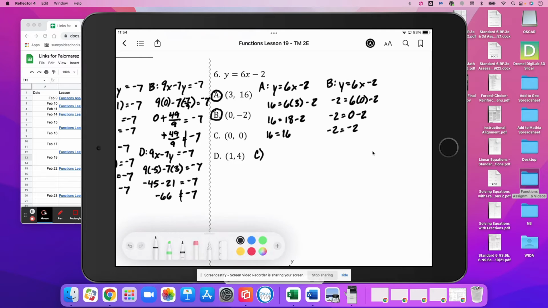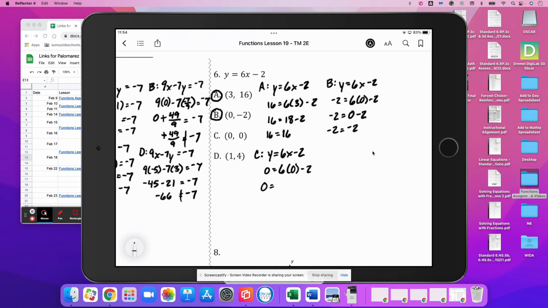For C, y equals 6x minus 2. We're going to have 0 equals 6 times 0 minus 2. I don't think this one's going to work. 0 equals 0 minus 2. And 0 is not equal to negative 2. So C is out.